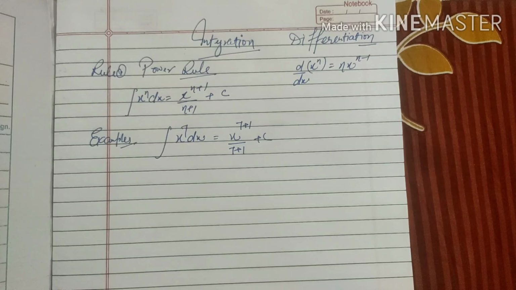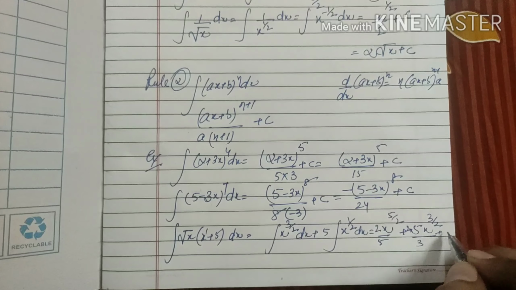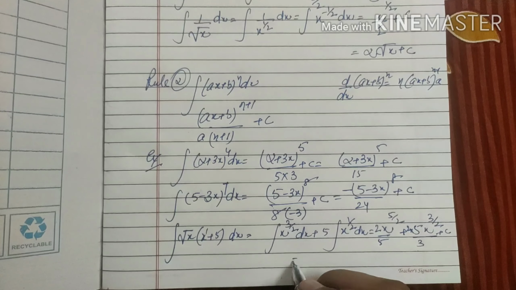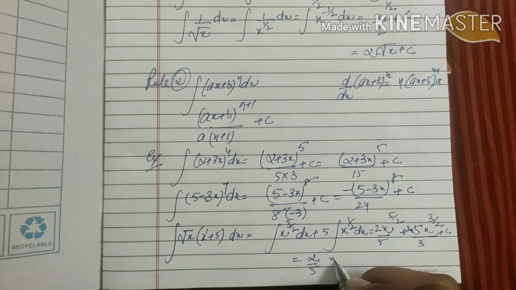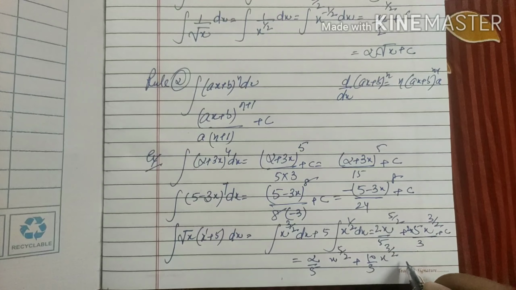If we integrate, power increases by 1, it becomes 5 by 2. Plus 5 times, where the power is half, on increasing it becomes 3 by 2, so 3 and 2 come upside, plus c. So overall we get 2 by 5 x raised to power 5 by 2 plus 10 by 3 x raised to power 3 by 2 plus c.